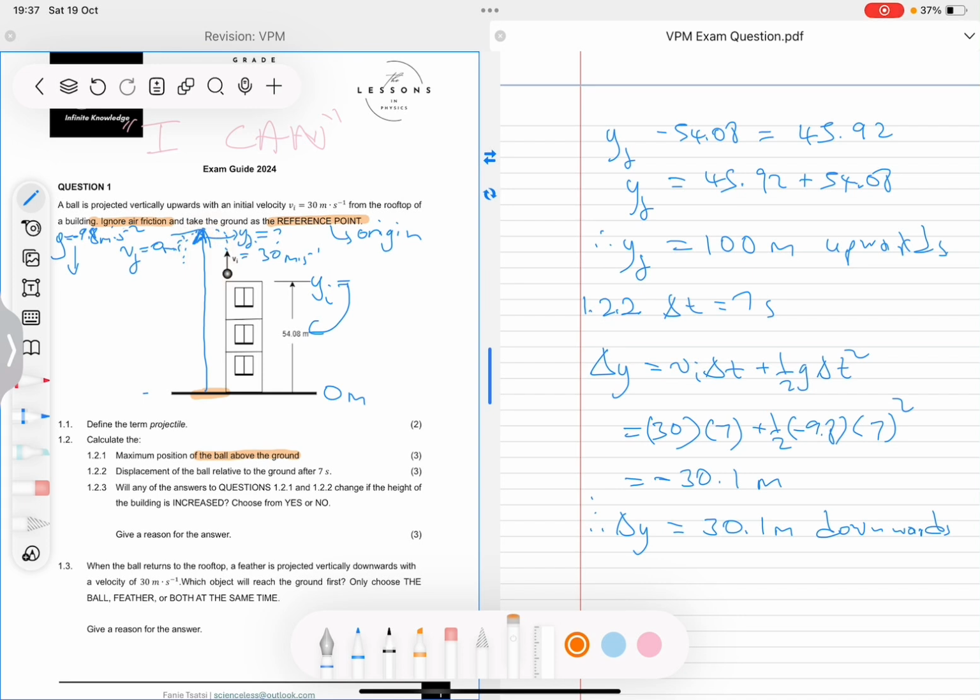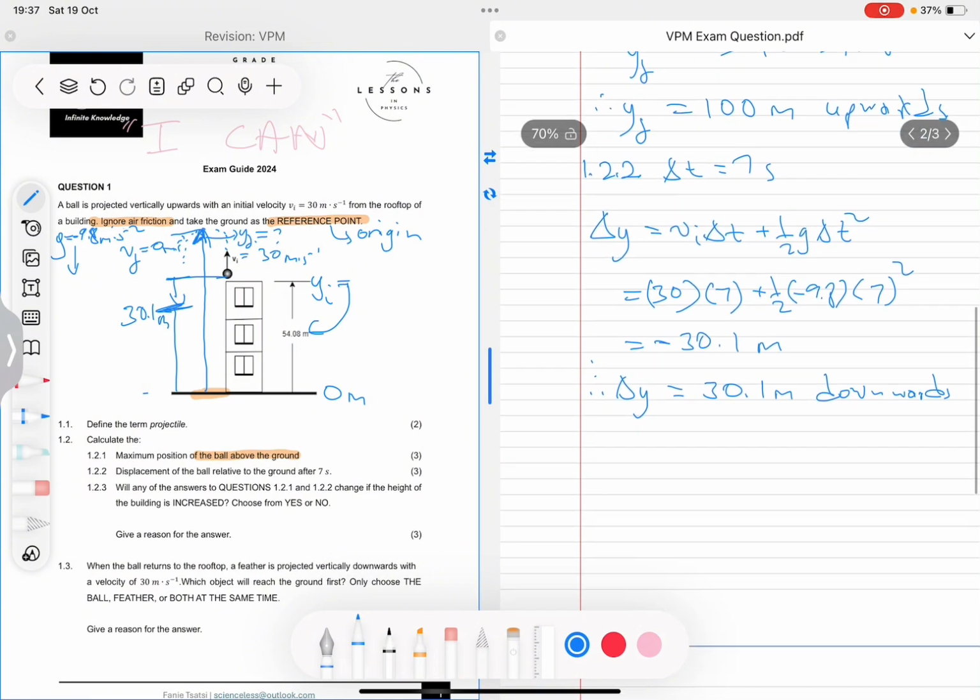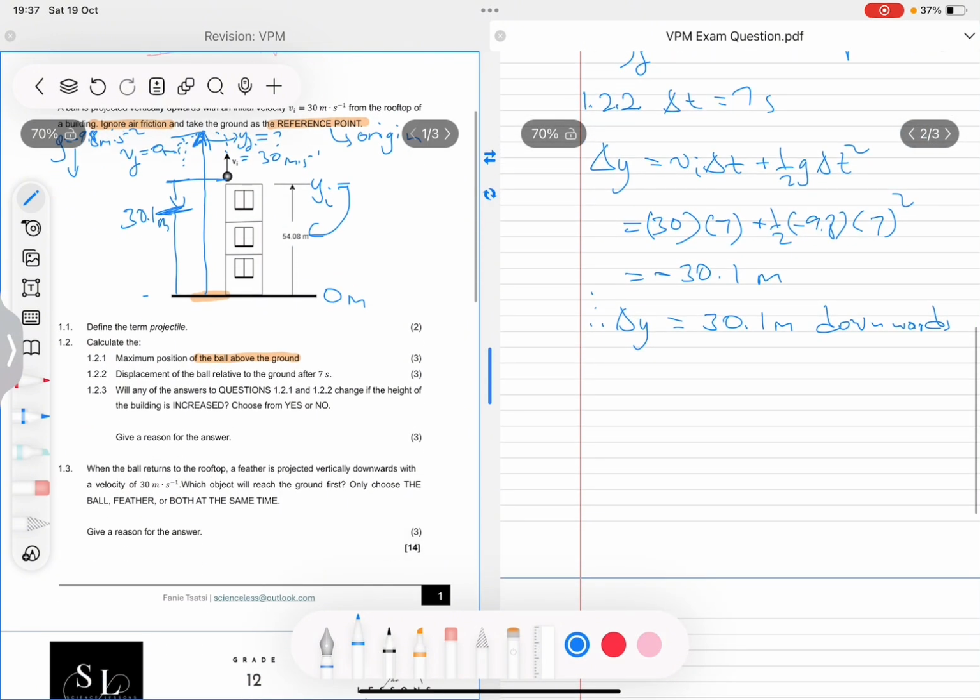So it makes sense that the ball is at a displacement which is somewhere here. So the ball will be displaced from this position to that position, and this would be around about 30.1 meters at that point there. It's going down, it's on its way downwards.